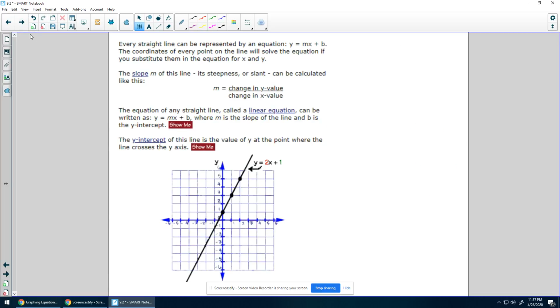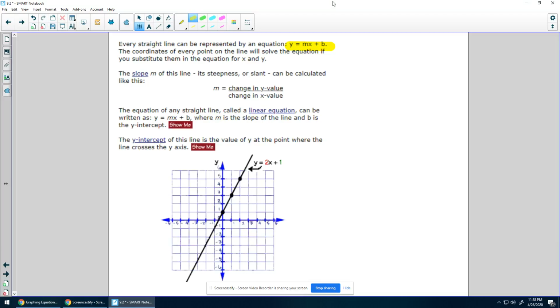Okay, here's just a tip on how to find your linear relation using a table of values or plotted points that are in a straight line, just like this is right here. Every straight line can be represented by an equation, y equals mx plus b. This is important. You will see this in grade 9 a lot.